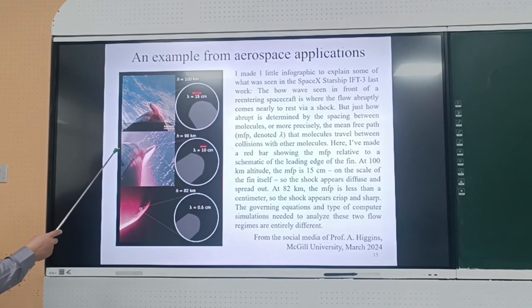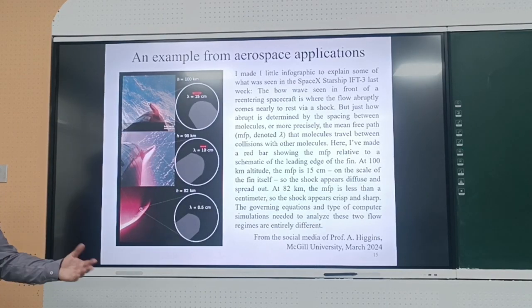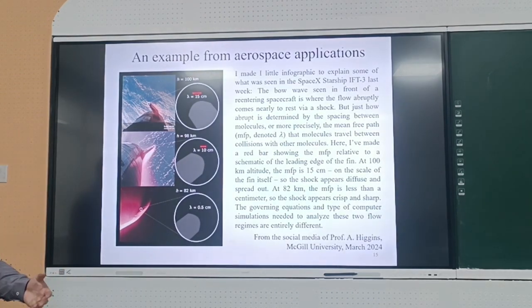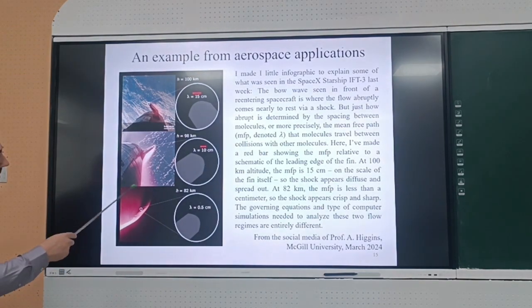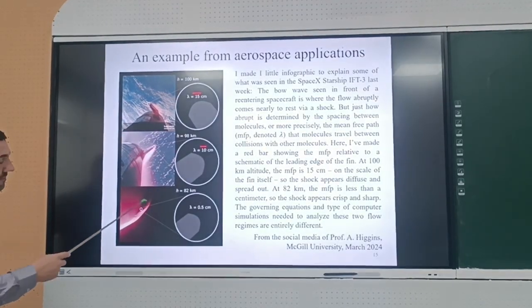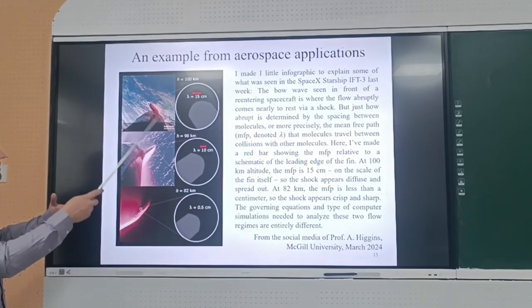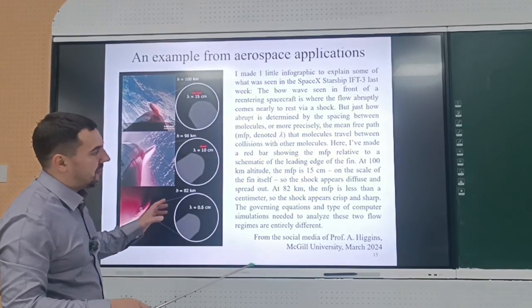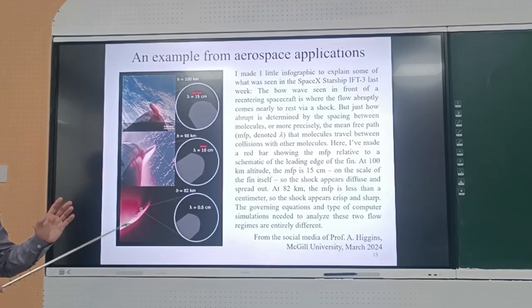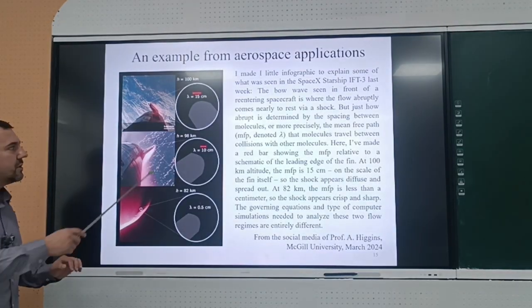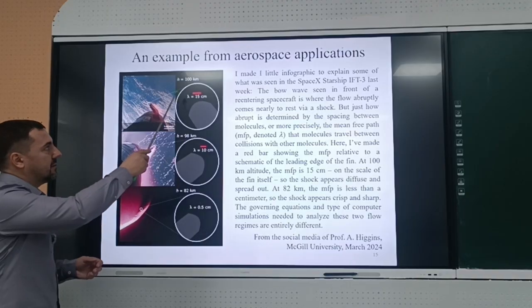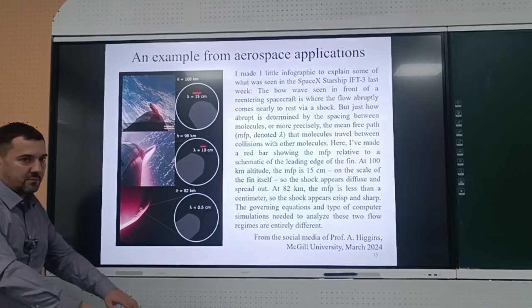In this case you should not use the Euler or Navier-Stokes equations; you should use a kinetic theory approach. Then there is the in-between region, which is why this problem is very difficult for simulations, and why people still try to develop universal models that can predict the motion of this aircraft in the atmosphere from h equals 100 kilometers to the surface.